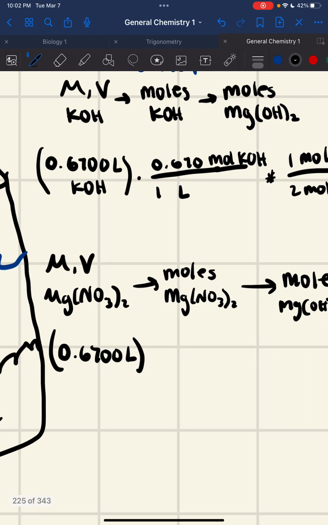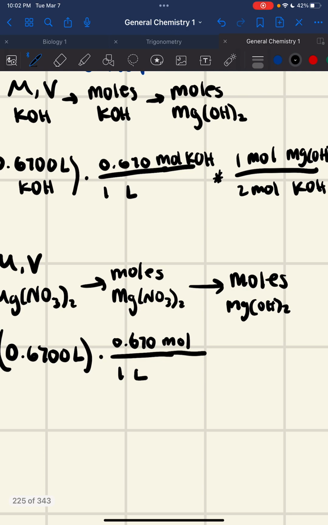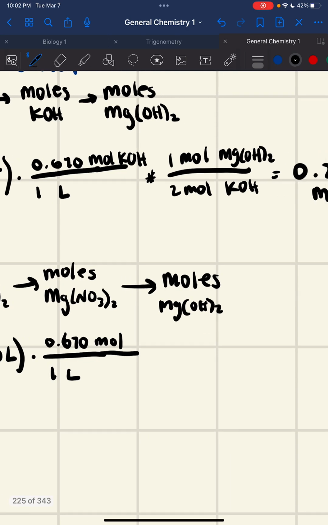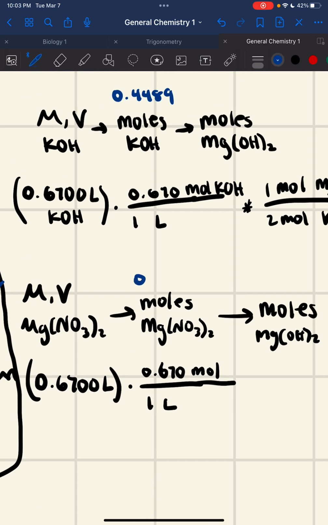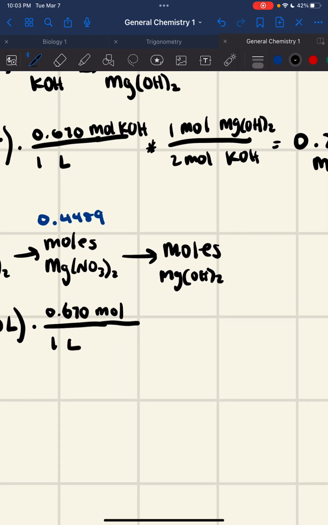And then again, times our 1 liter is equal to 0.670 moles of magnesium nitrate. And then that's going to give me the same number, 0.4489. And I like to record that as well.